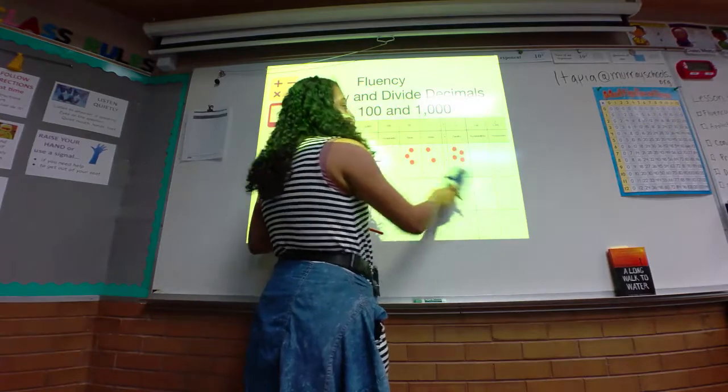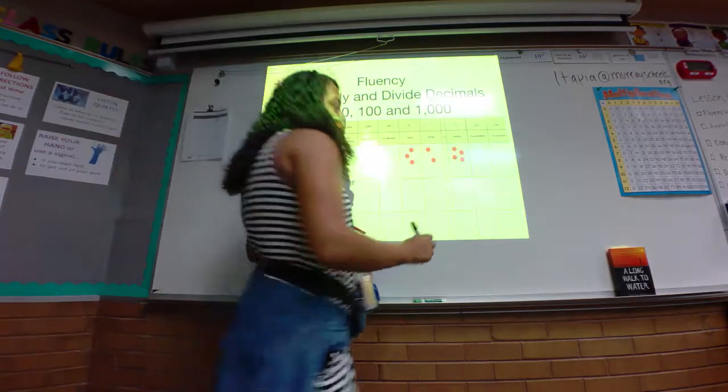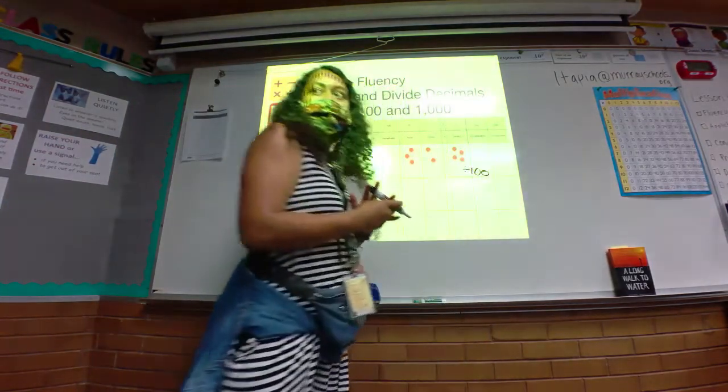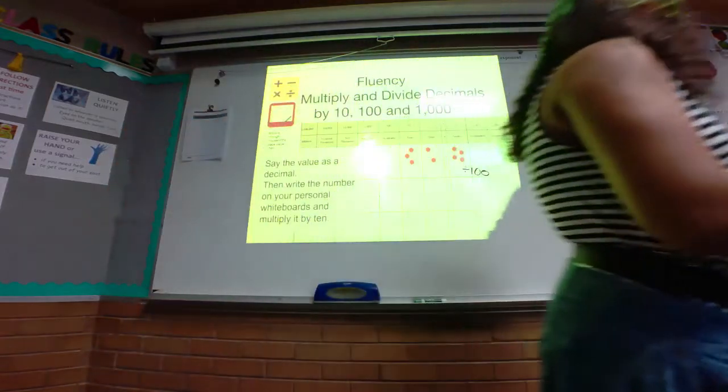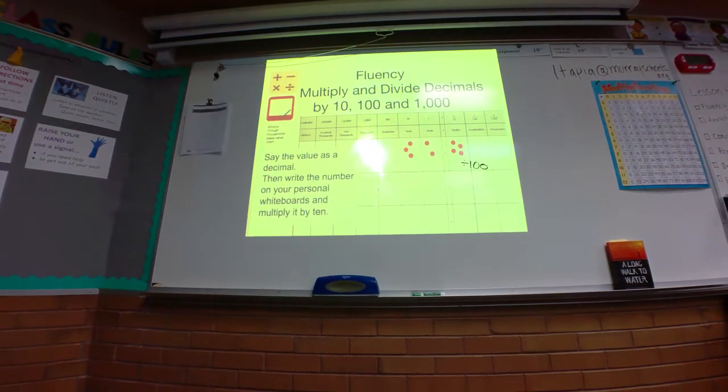same one, 32 and 4 tenths. But this time, let's divide by 100. So 32 and 4 tenths divided by 100. So how many powers of 10? Okay, ready?